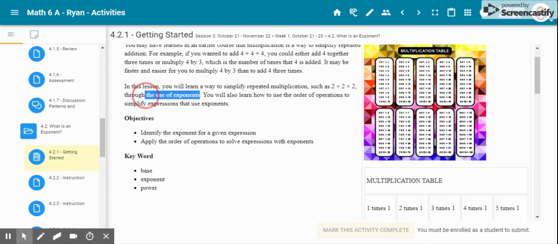The use of exponents is a way to simplify repeated multiplication. So go ahead now and pause the video and add that to your notes. The other keywords are other things you may want to put in your notes now, and as you see examples of these or definitions, you can add those. So if you need to pause the video, you can do that to add that to your notes as well.